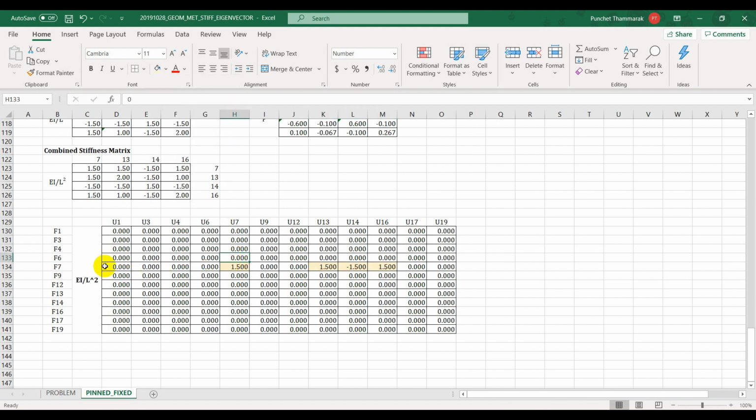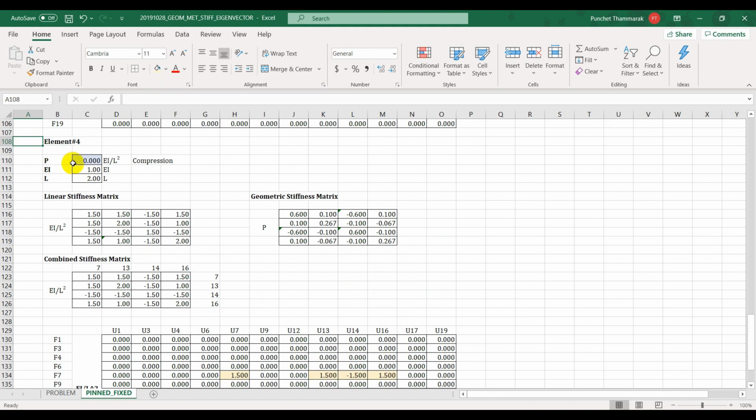Next, 13, right? 13, 13, 7 is this one. 13, 7. Basically, you can copy it down like this. And this is 13, 13. So, right. Okay.